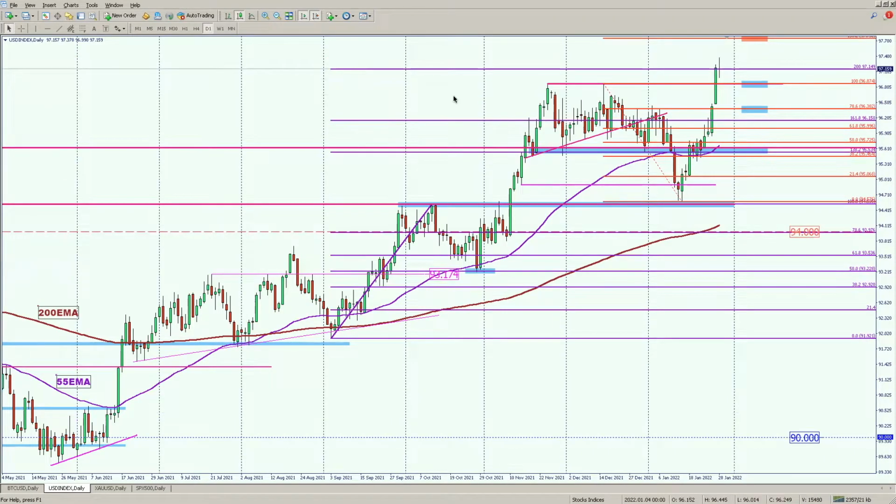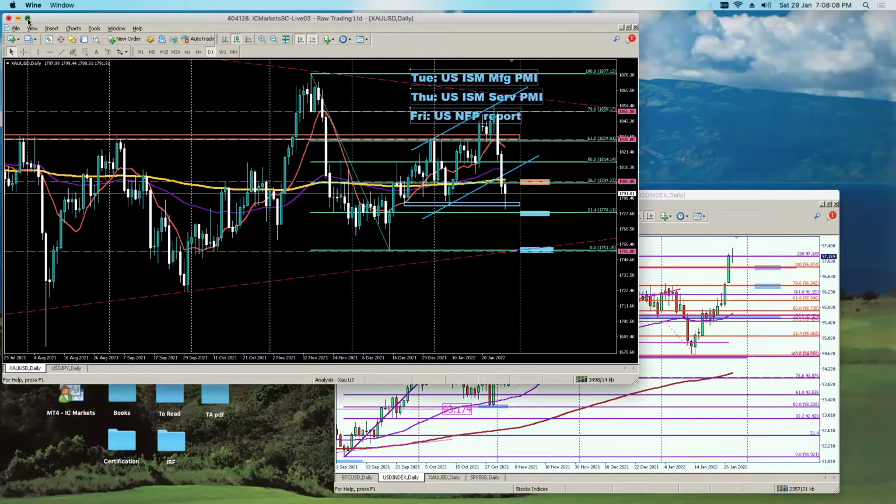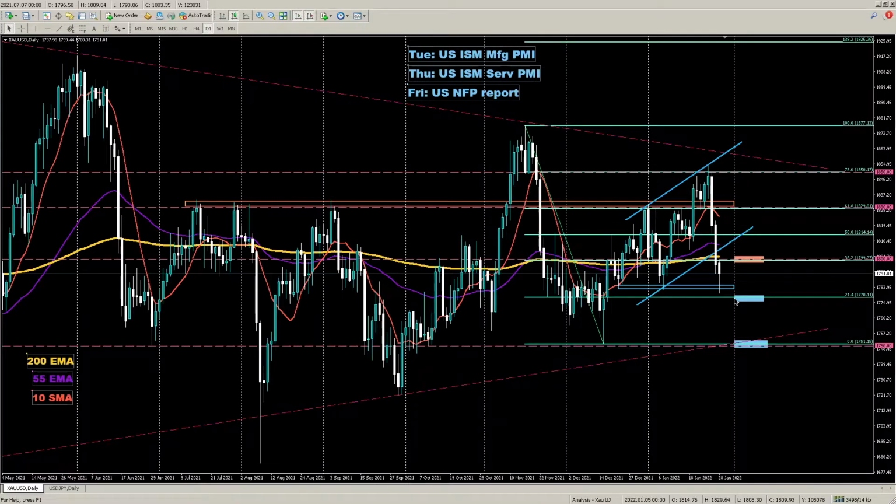Okay, let's move back to spot gold. We'll see whether this resistance will hold and whether this support will hold critically. If not, then it's likely going to test this lower trend line.